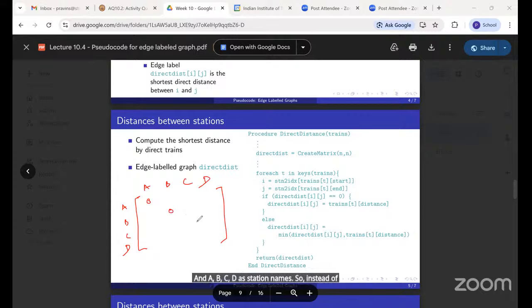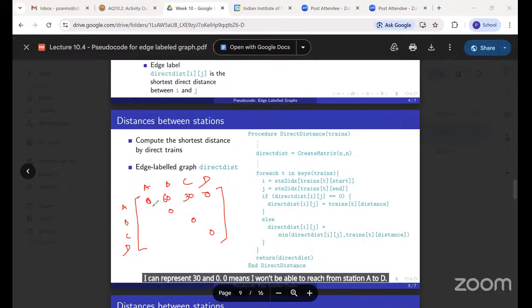I'll put zeros diagonally. It denotes I cannot reach from station A to station A itself, which means it doesn't have any circular path. So from station A to B, I can represent 60, then 30, and 0. 0 means I won't be able to reach from station A to D.